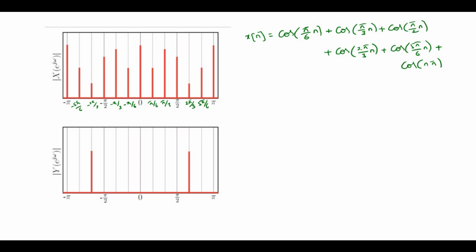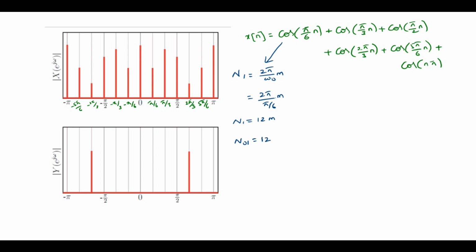We need to find the period of this. For that, find the period of the individual functions. For N1, the period is (2π/ω0)·m. Here ω0 is π/6, so it is (2π/(π/6))·m, which is 12m. So the fundamental time period is 12.